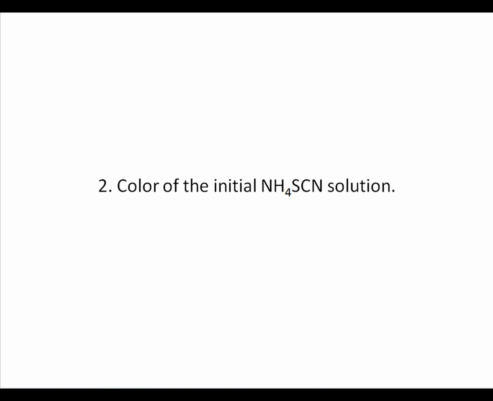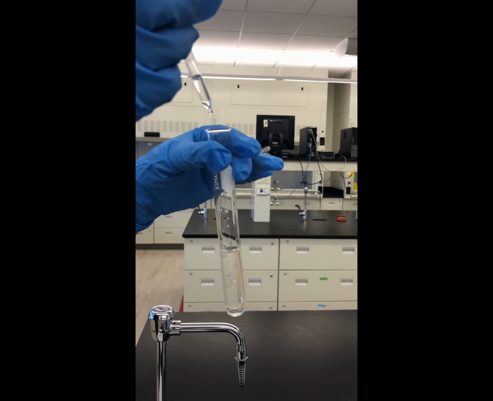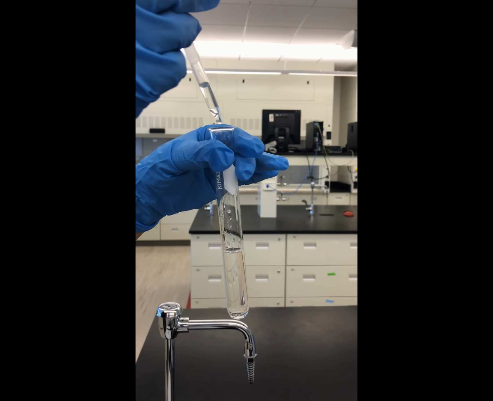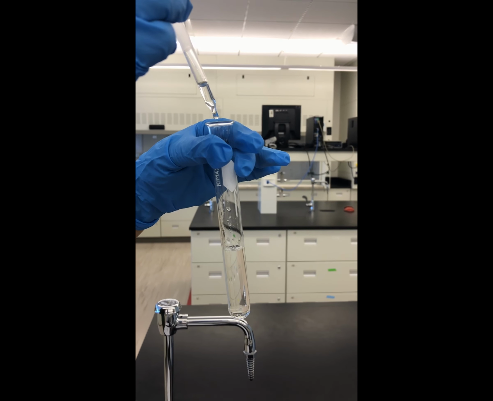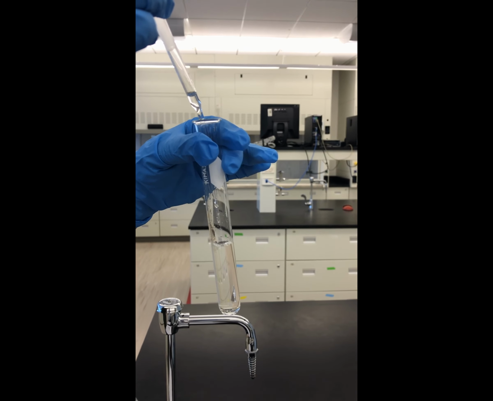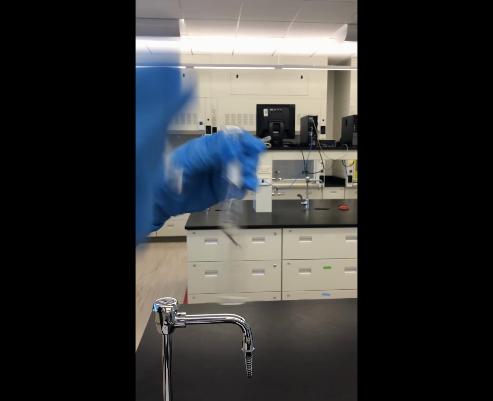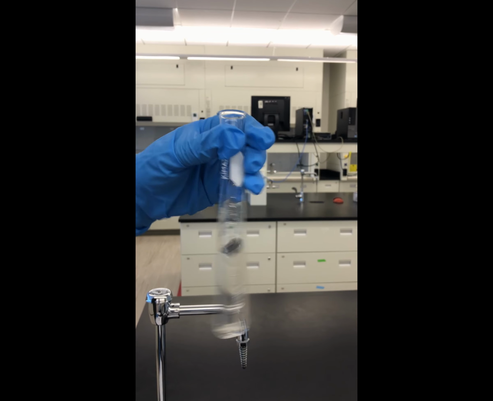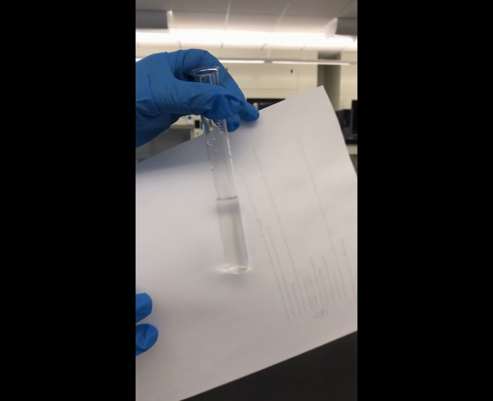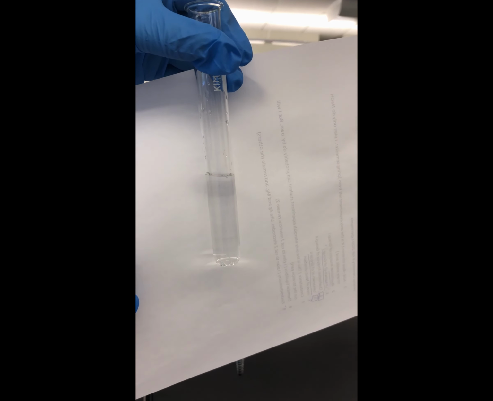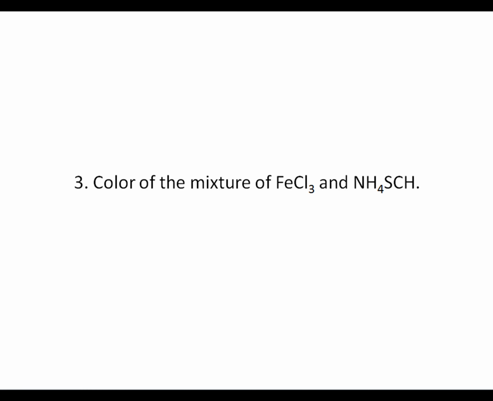Number 2, color of the initial ammonium thiocyanate solution. Number 3, color of the mixture of iron chloride and ammonium thiocyanate.